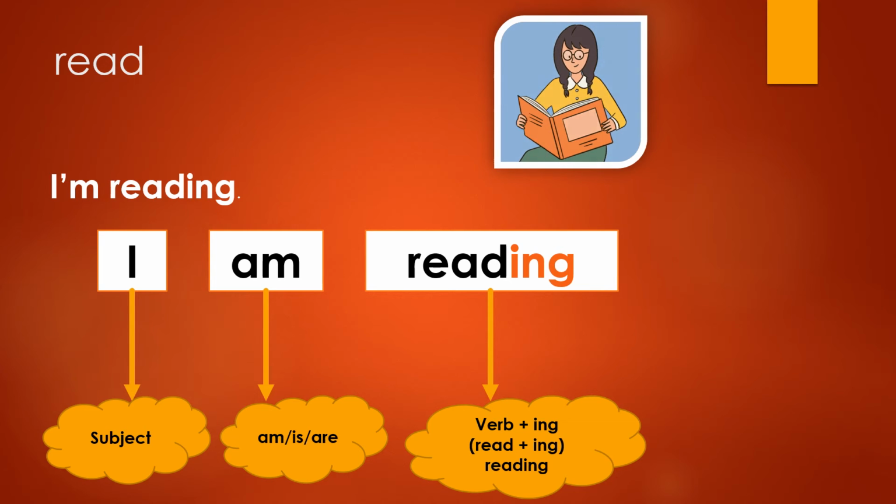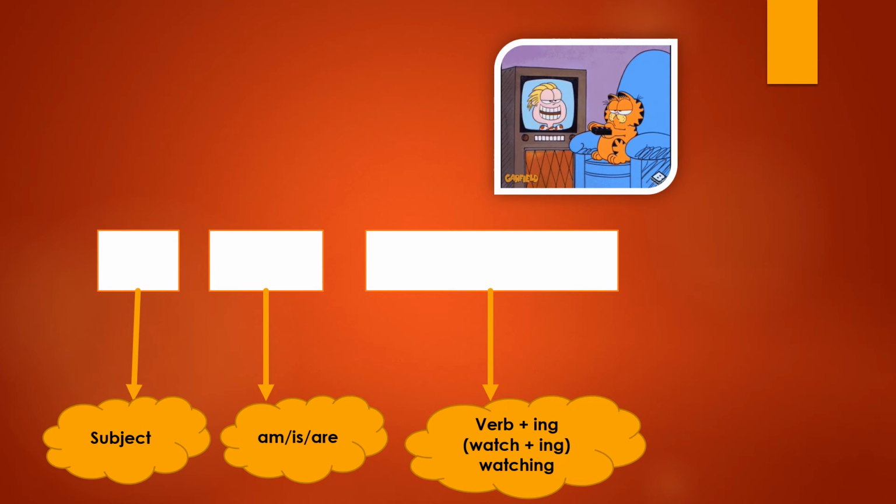Okay, look at the next example. This is the picture of watch. The subject is he. When the subject is he, we have to use what? We have to use is. Okay, very good.